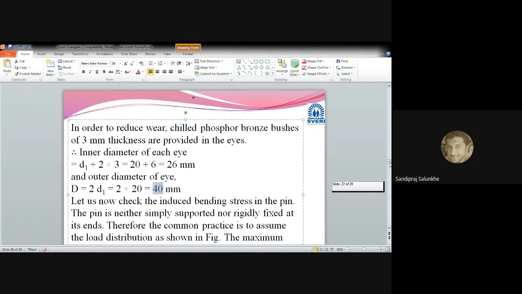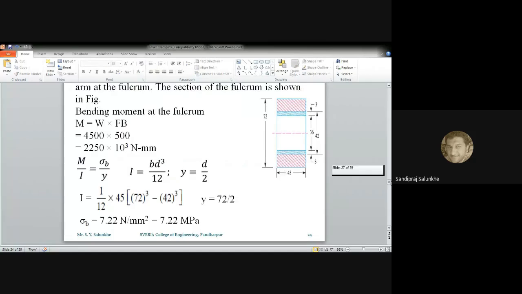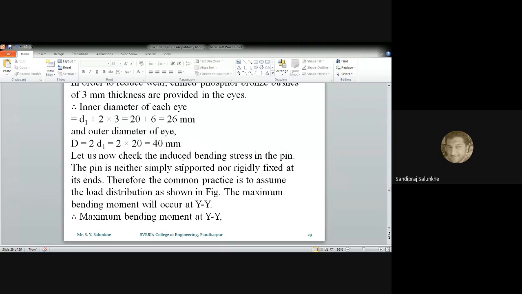That's why if you see the diagram, this outer circle diameter is 40 millimeter. Here also the outer circle diameter is 2 times the diameter of the pin which we designed at point A. Likewise, we have calculated the dimensions of that bush at point B.